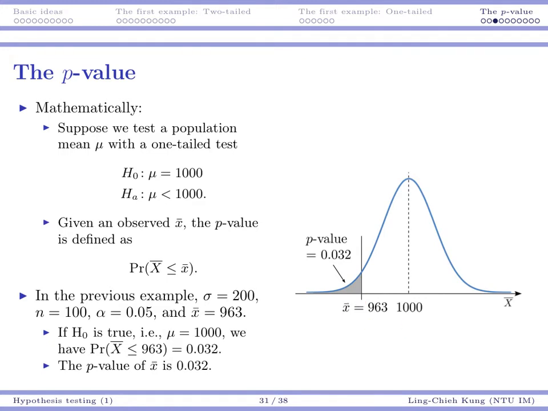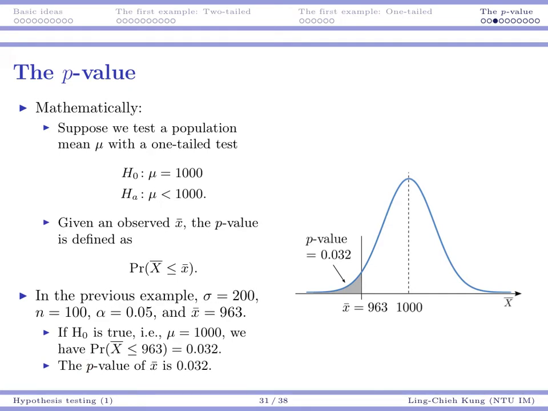This is less than 1000. This is at the left tail, because we are talking about the probability of being more extreme than our observed x bar. Then for a left-tailed test, that means the left tail probability with respect to our x bar. So we are calculating this.